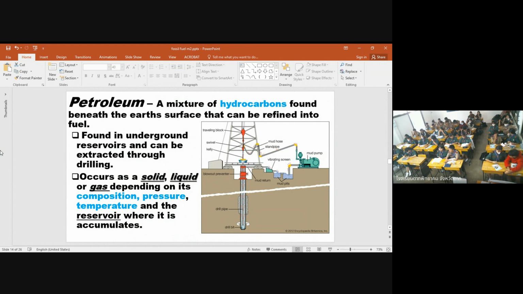This one you call your drill bit, and the long line is your drill pipe, where the petroleum goes up. And this one is your blowout preventer. By the way, this one is what makes the machine move. So this is how you get the petroleum gas.